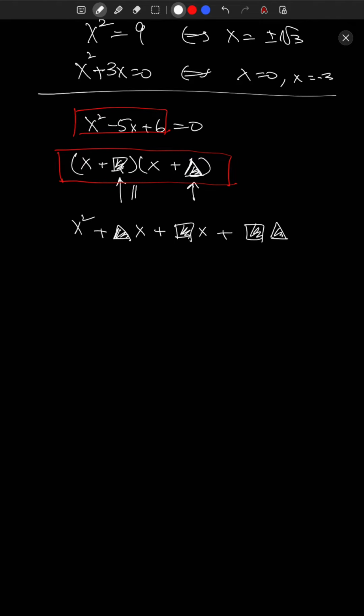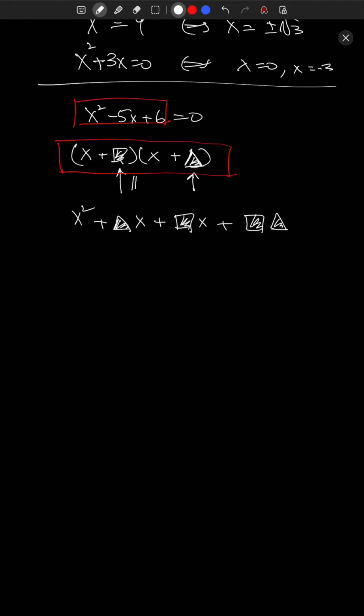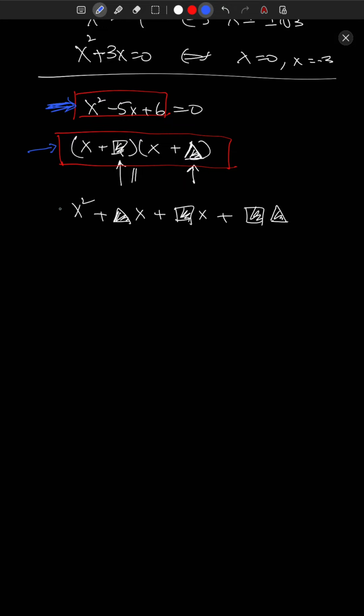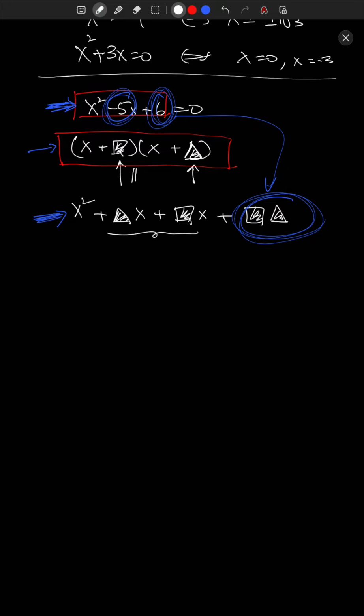All right, so the whole point of factoring is that this expression has to be the same as that one, which means this 6 has to be the same as this product. And this minus 5 has to be the same as, let me simplify this, triangle plus box, all times x.